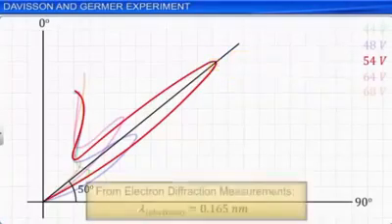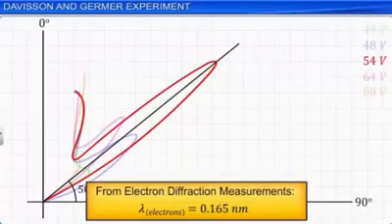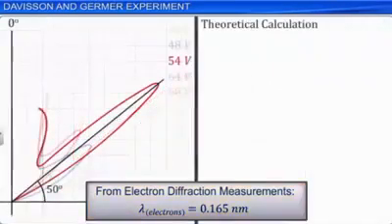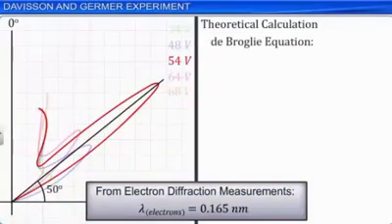From electron diffraction measurements, the wavelength of matter waves was found to be 0.165 nanometers. We know that the de Broglie wavelength of an electron, denoted by lambda, is equal to h by p, where h is Planck's constant and p is the momentum of the electron.